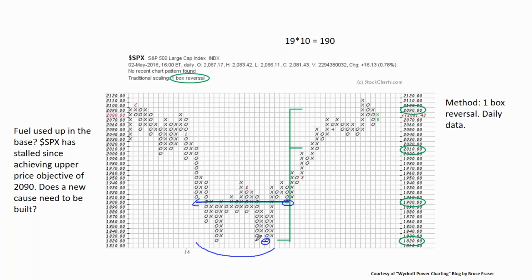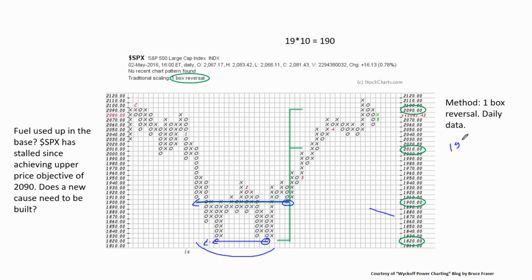I did this as a one-box reversal chart so that you could see what one box is, because now when you count the columns across, you count the number of columns, which is 19. The scale is 10, so it's 19 times 10, or 190 points.